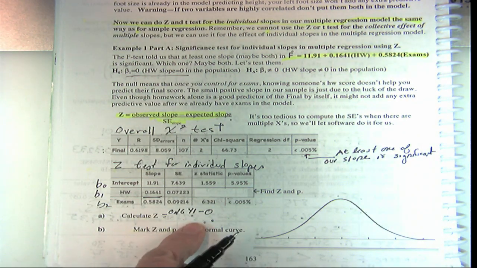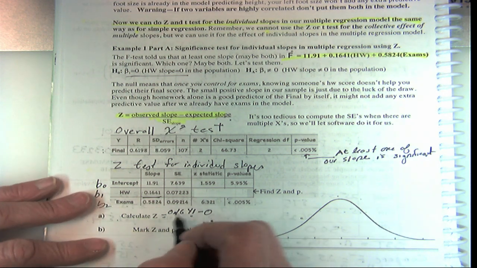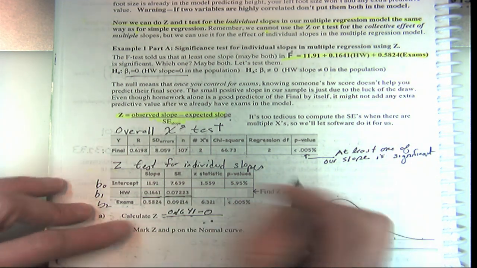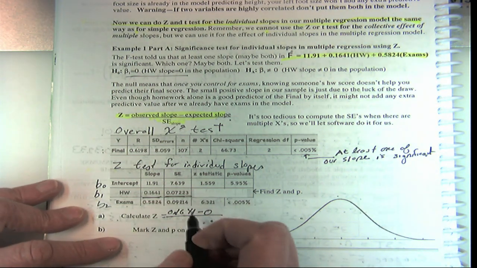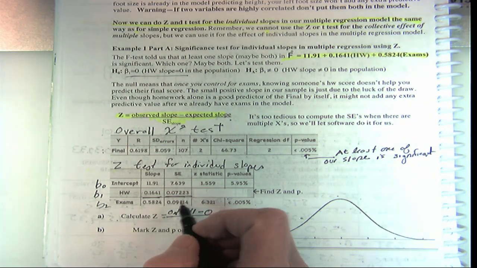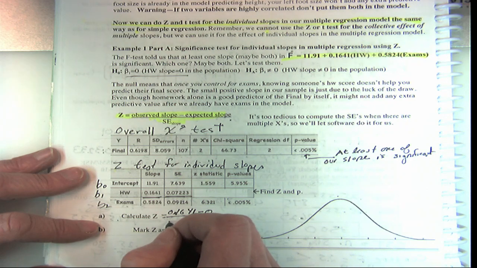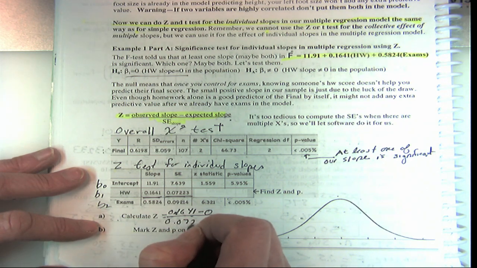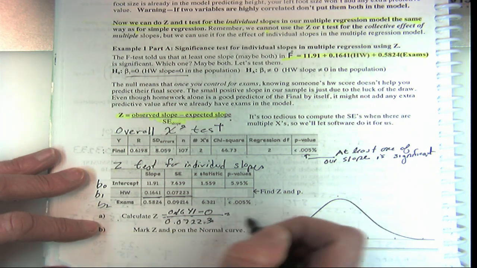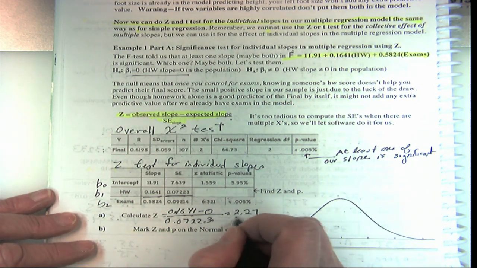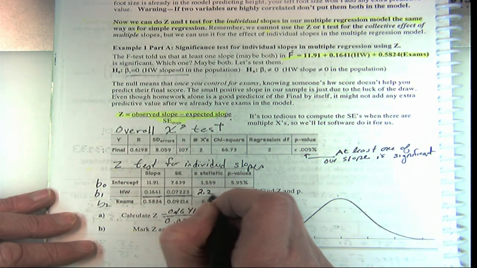That's what we'd expect under the null, over the standard error, which will be given to us here because they're too hard to calculate without the software doing it for us with multiple regression, so you'll be given them. And so there's the standard error. And we'll get this z statistic of 2.27. So that's our z. We can put it in right there.